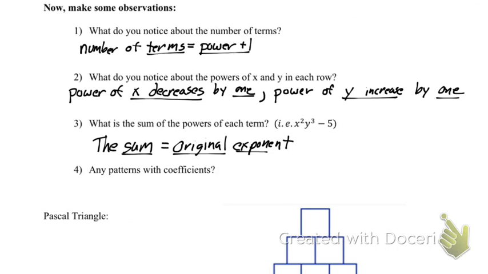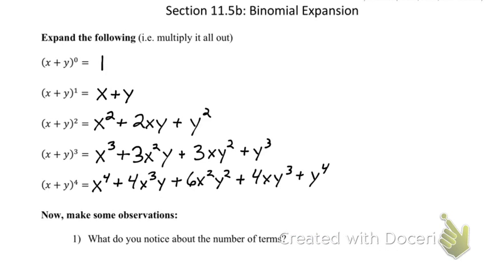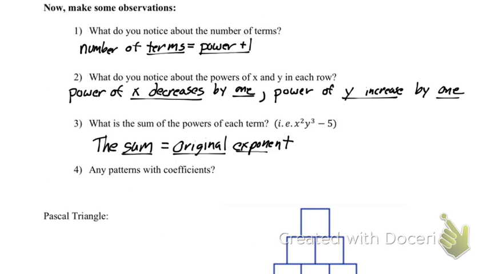So they increase, then they decrease symmetrically. So whatever's on one side of the 6, 4 is on one side, 4 is going to be on the other side. So they're going to increase, then decrease symmetrically.